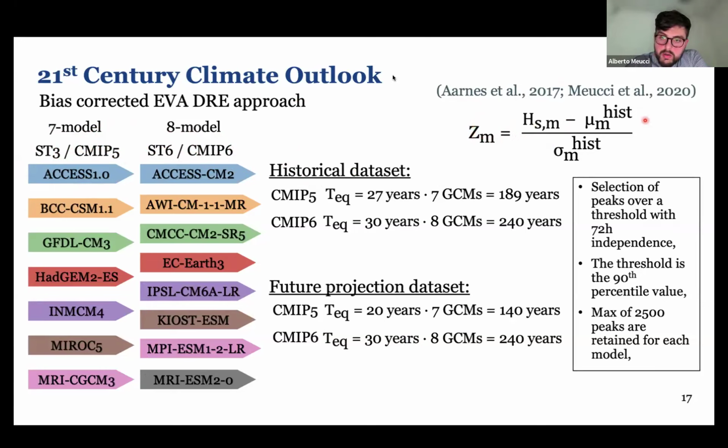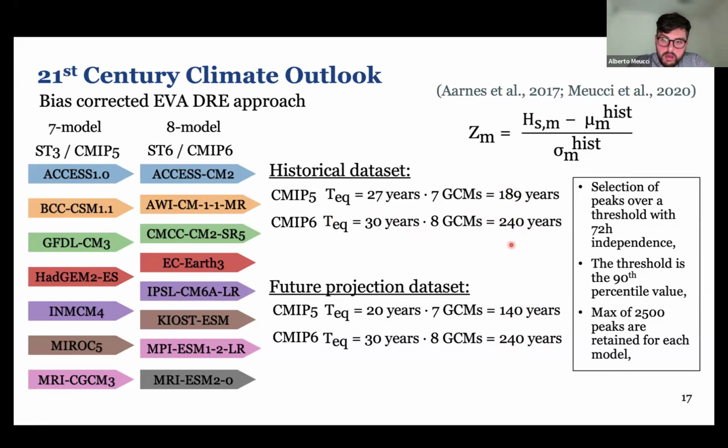Through this analysis, with a standardized variable that you see at the top here, we can bias correct these models and pool them together, and ultimately have a total of 140 years for the CMIP5 and 240 years in total for the CMIP6 model, where we can evaluate our 100-year return period.